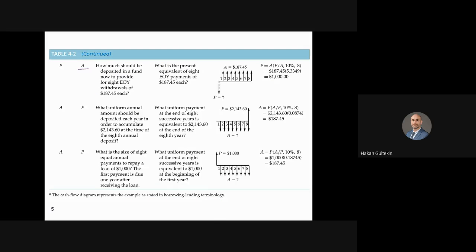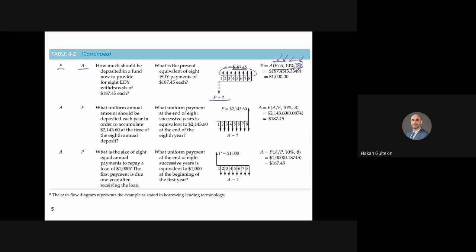Similarly, we may be given an annual amount of payment and we want to find its present value. And again, look, we have in total 8 equal payments, and if we want to find its present value, then this is the factor that we are going to use. Given A, we want to find the present value, interest rate, and the number of payments.